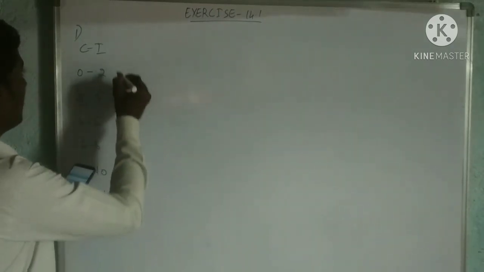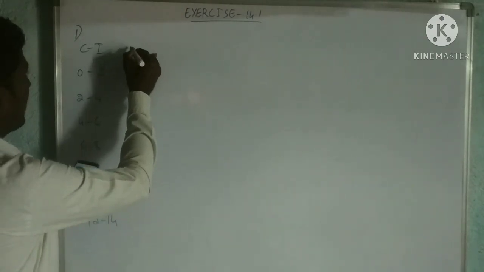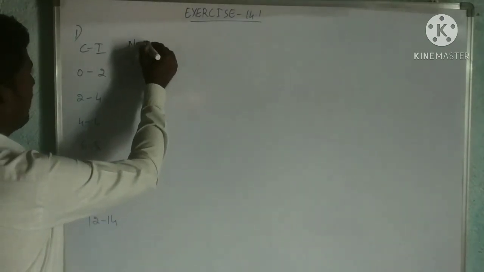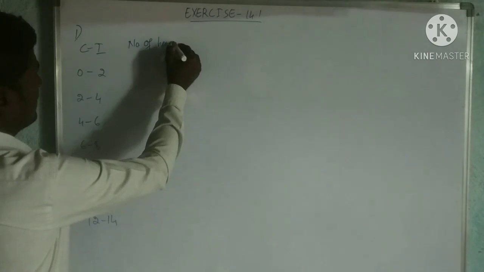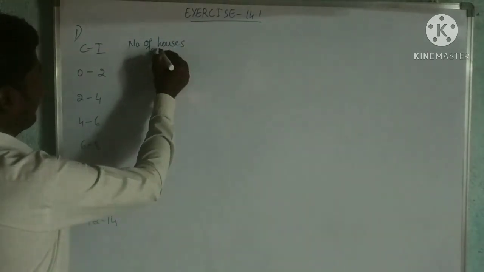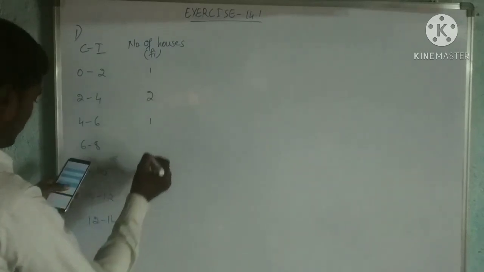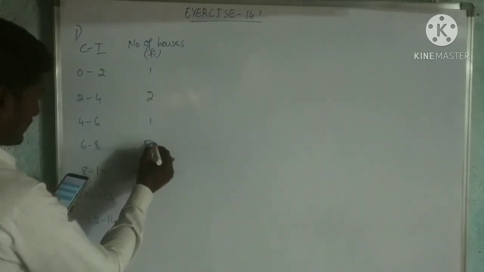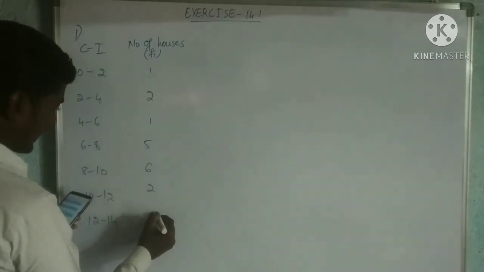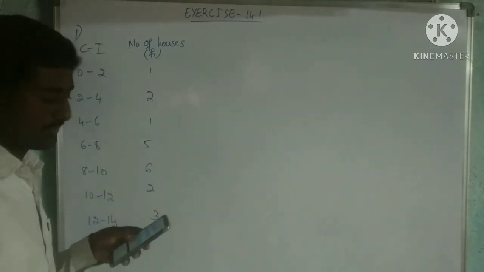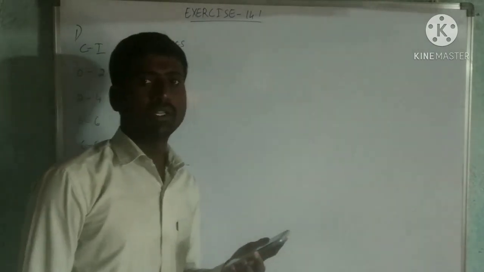Next, the frequency, that is the number of houses, Fi: 1, 2, 1, 5, 6, 2, 3. Okay, this is the frequency.